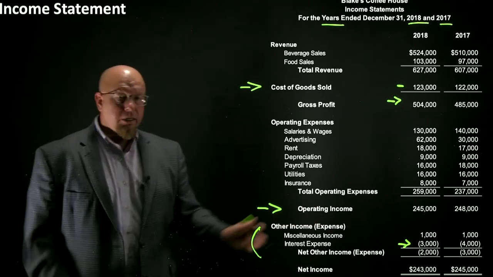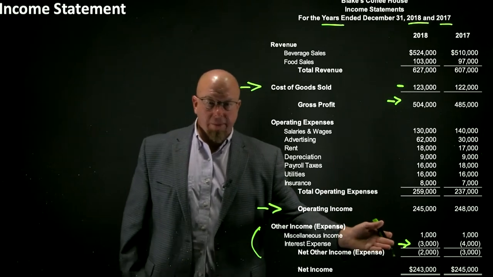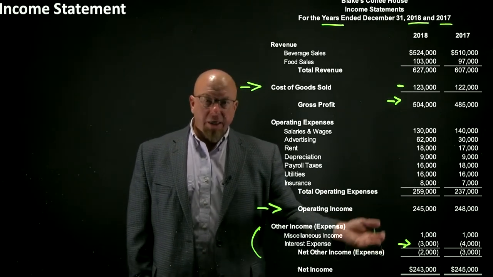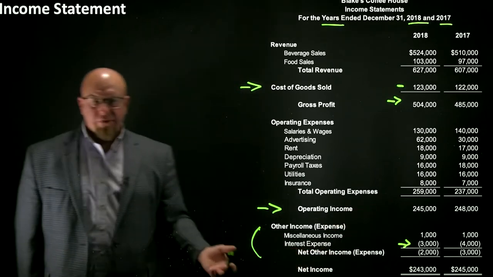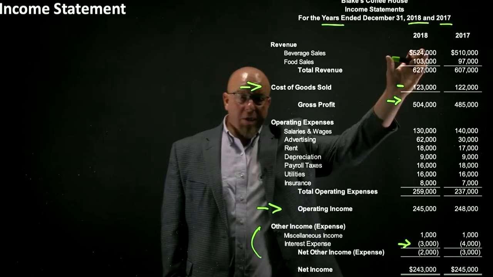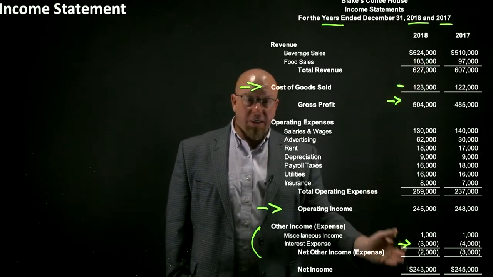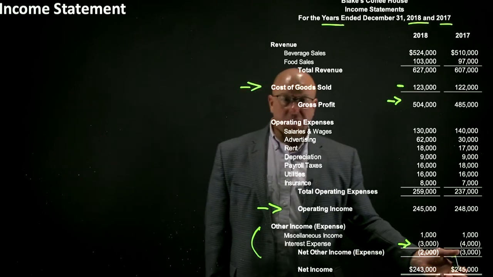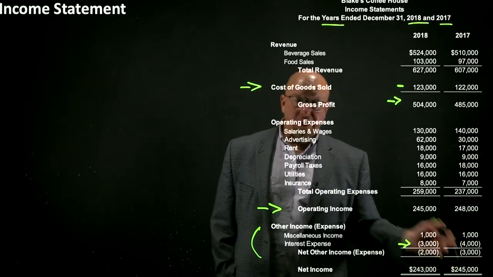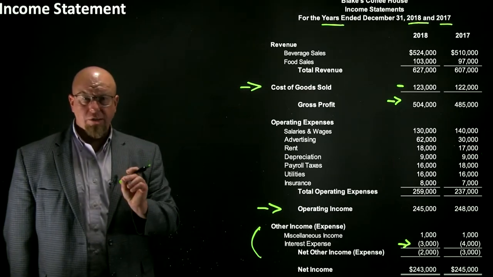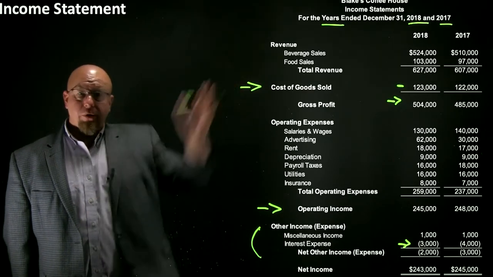So in this case, we do denote the expense with parentheses or negative, just because it's causing our profit to get lower. But what you're seeing is this. At our restaurant for 2018, we generated a profit of $243,000. The previous year was $245,000, and that's really giving us the results of our operations for that time period.